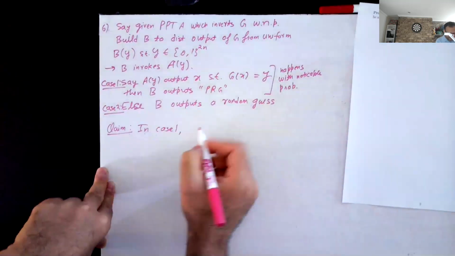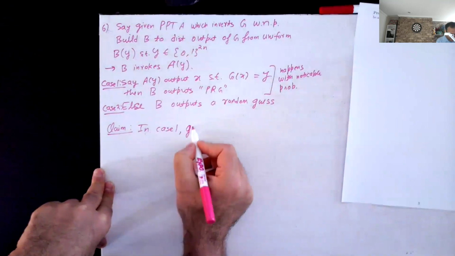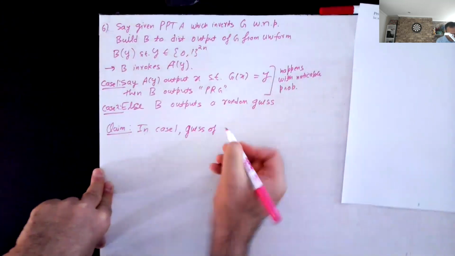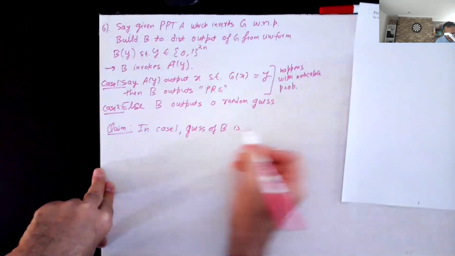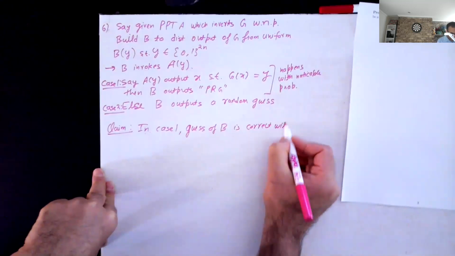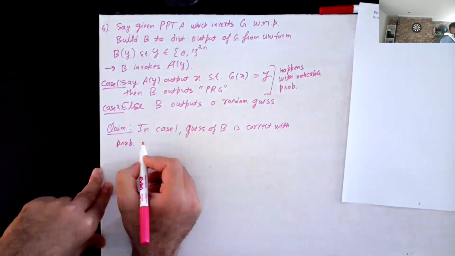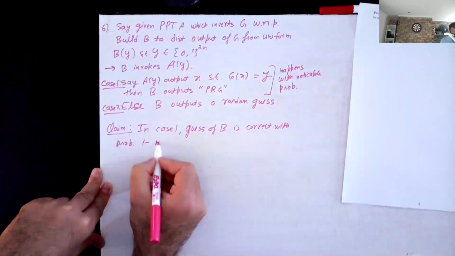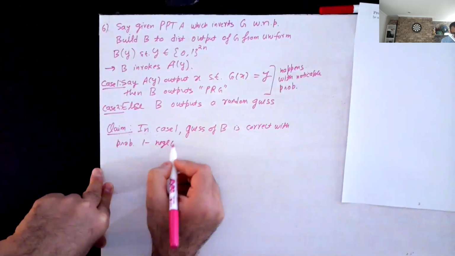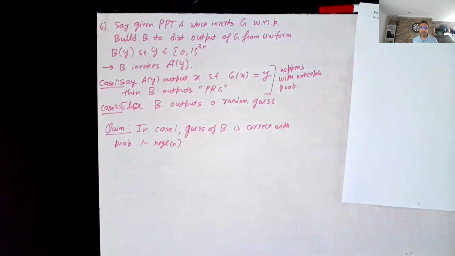In case 1, the guess of B is correct with probability at least 1 minus negligible. And why?